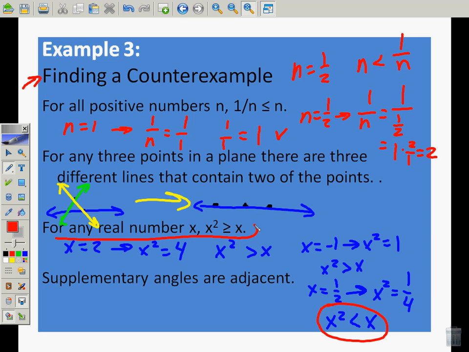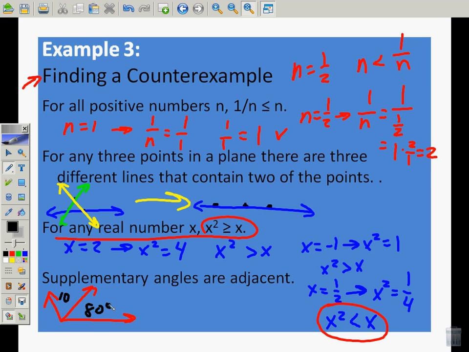What about supplementary angles are adjacent? Adjacent meaning 3 rays form 2 angles. They share a common side. So that would be like this. I would say this is 10 and this is, I don't know, 80. So these are next to each other. They're adjacent. Okay, so we're talking about supplementary angles are adjacent.